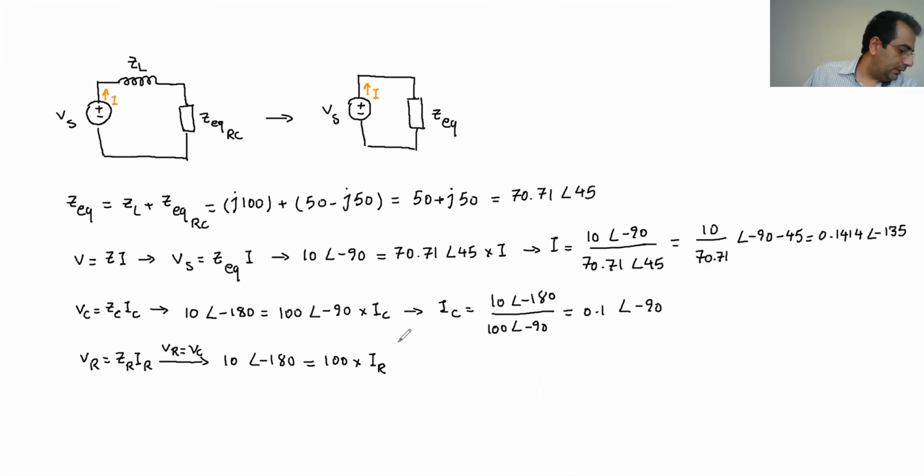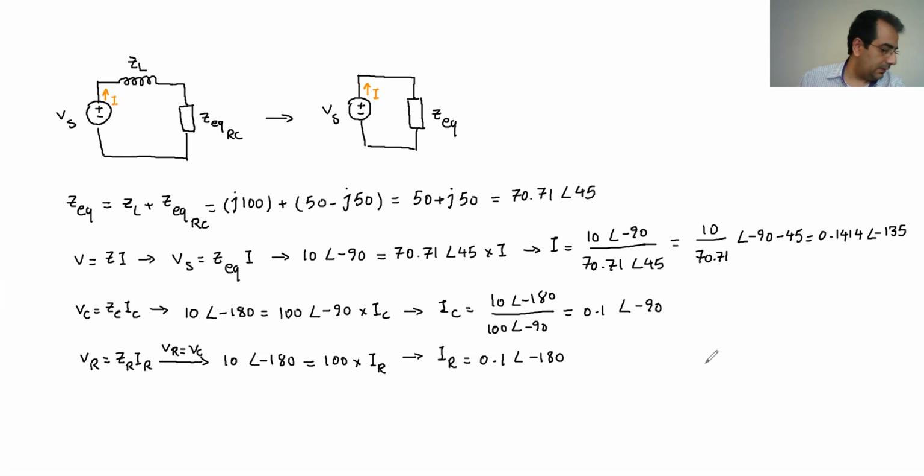And then if you do the calculations, the IR comes as 0.1 with angle of negative 180. So these are the voltage and the current in each of these elements that we have.